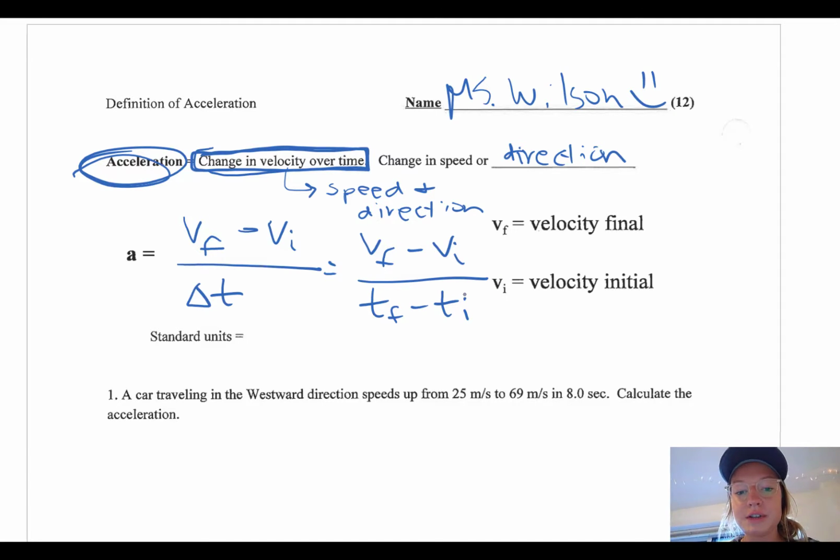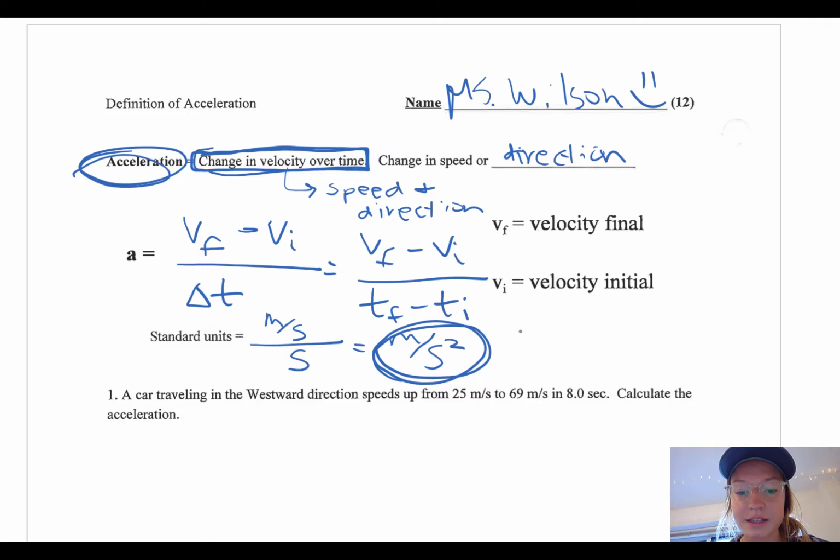So the standard units of acceleration, we can think about this really easily. If we have meters per second, that's the units of velocity, divided by seconds, the units of time, we get meters per second squared as our final units. I'll write that in words too.